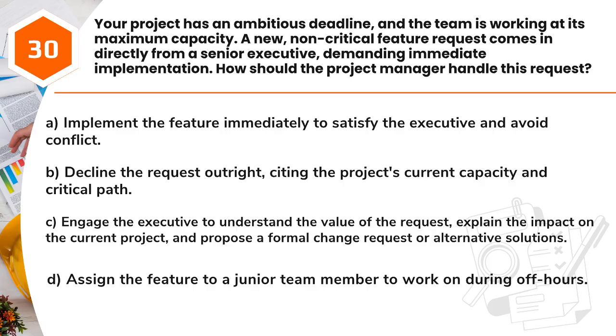B. Decline the request outright, citing the project's current capacity and critical path. C. Engage the executive to understand the value of the request, explain the impact on the current project, and propose a formal change request or alternative solutions. D. Assign the feature to a junior team member to work on during off hours.